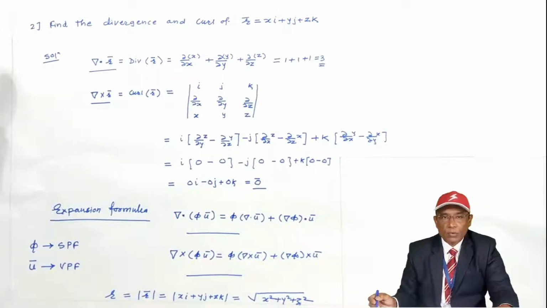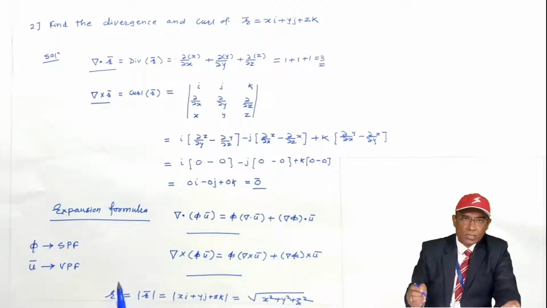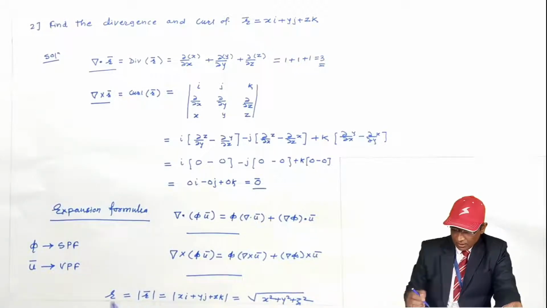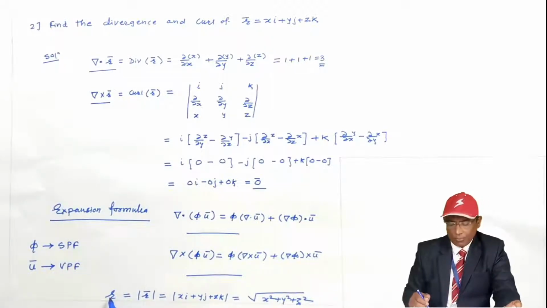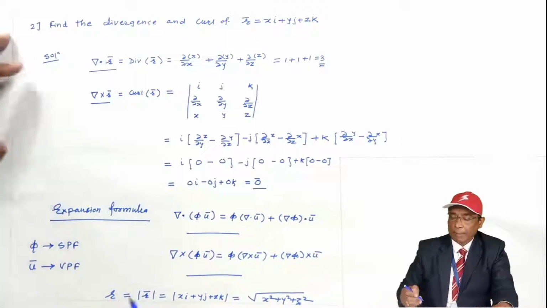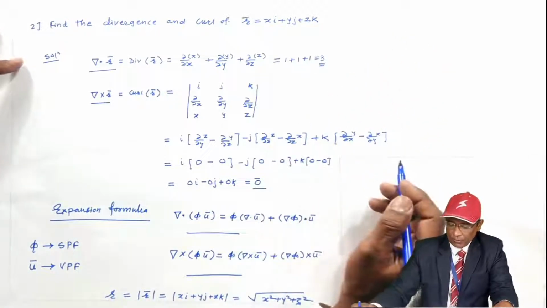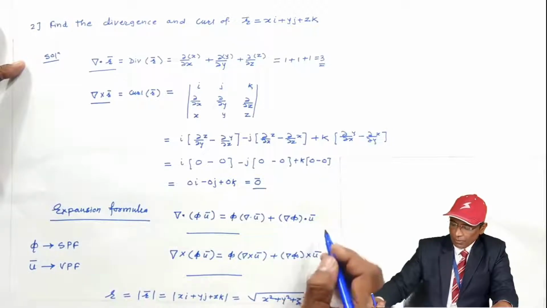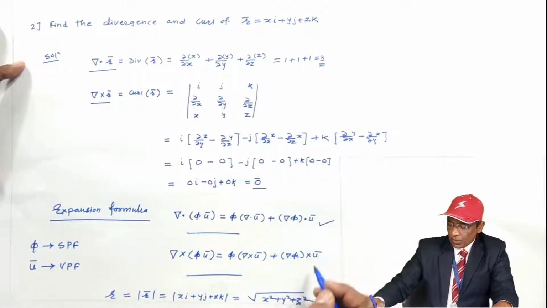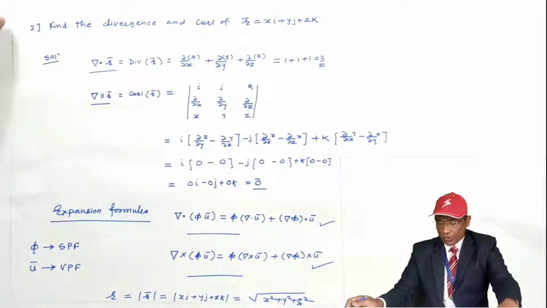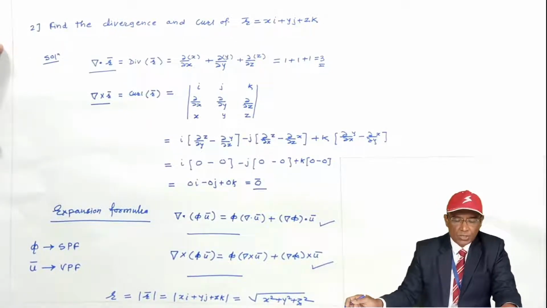Problems involving divergence, curl, gradient and functions of r are called vector identity problems. When we solve vector identity problems, these two formulas will be highly used. So we stop here. In the next lecture, we will be discussing some problems on directional derivative.